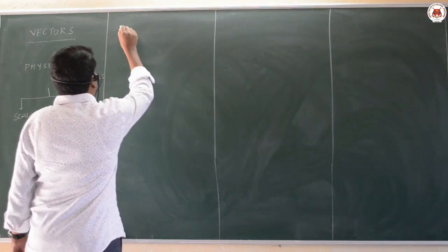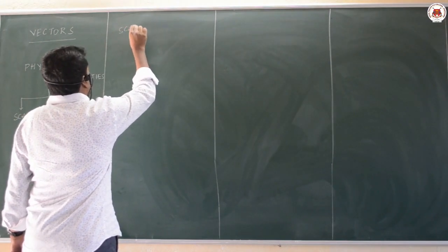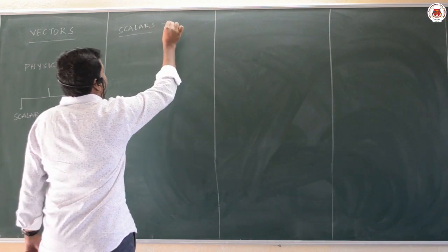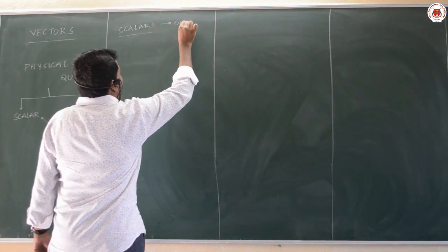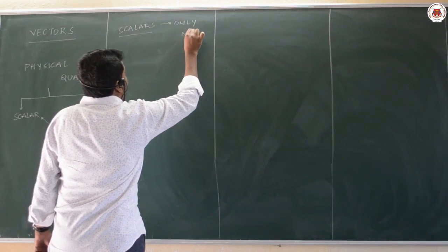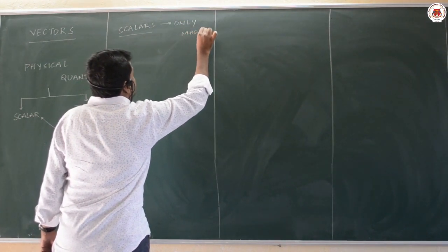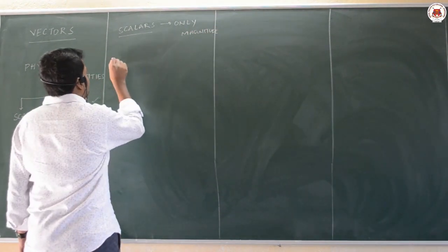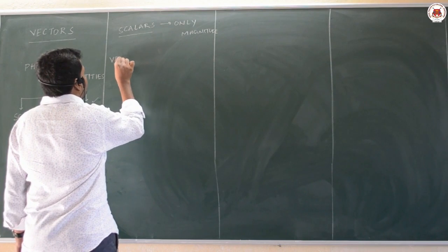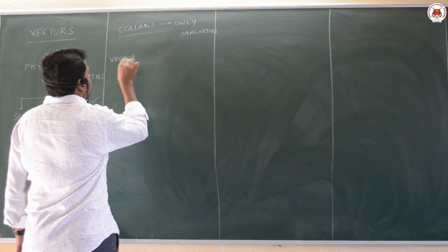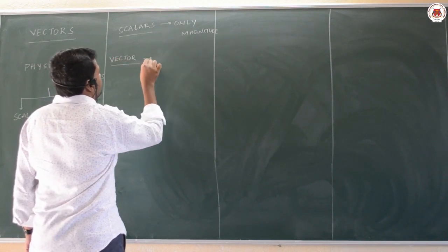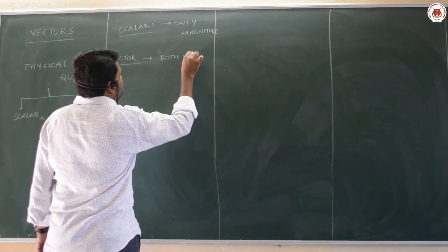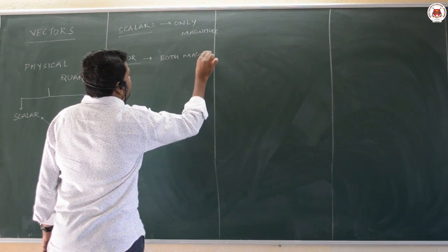The physical quantity which has only magnitude is a scalar. The physical quantities which have both magnitude and direction are called vectors.